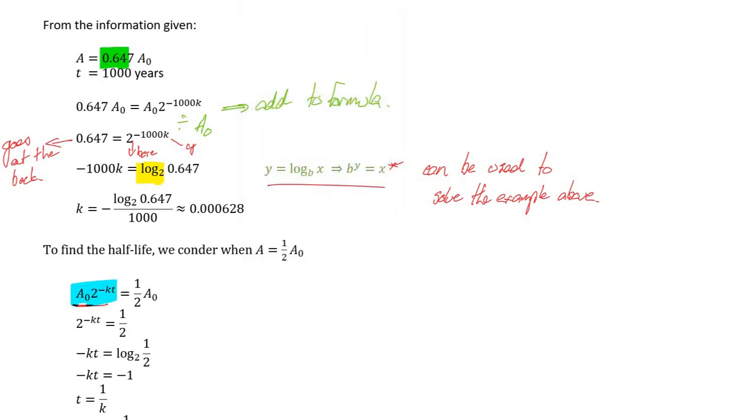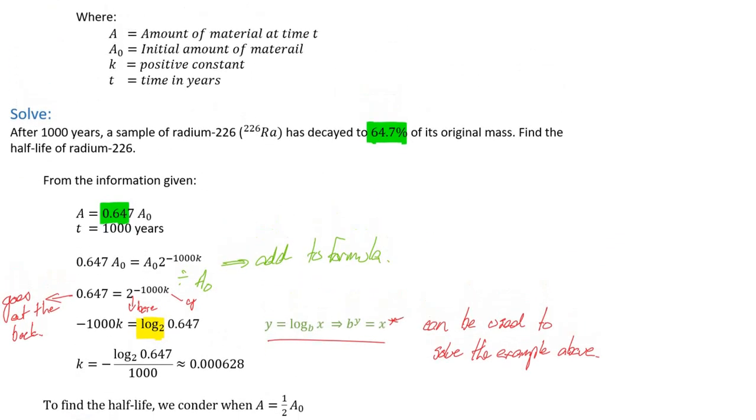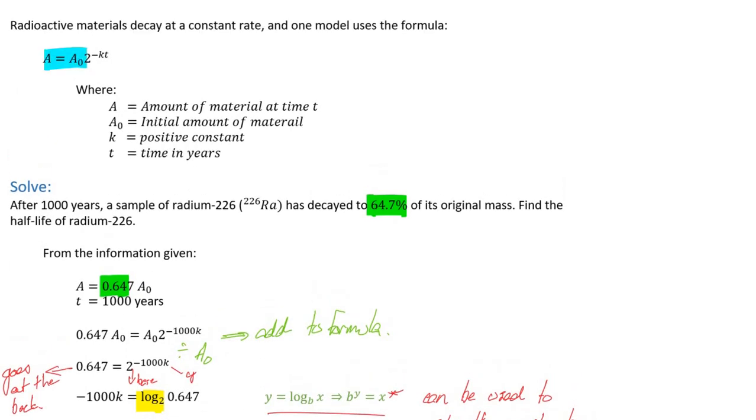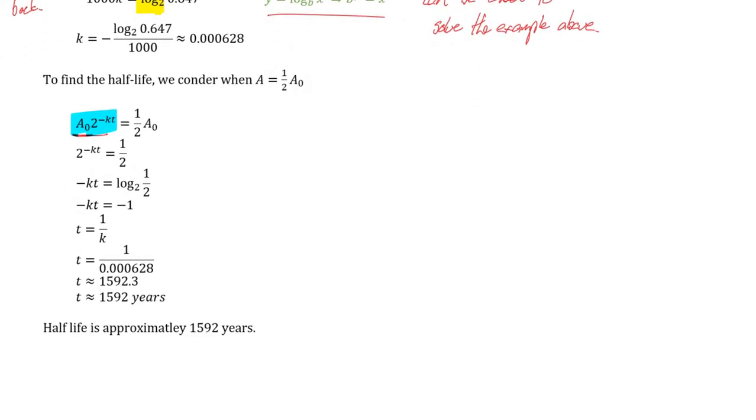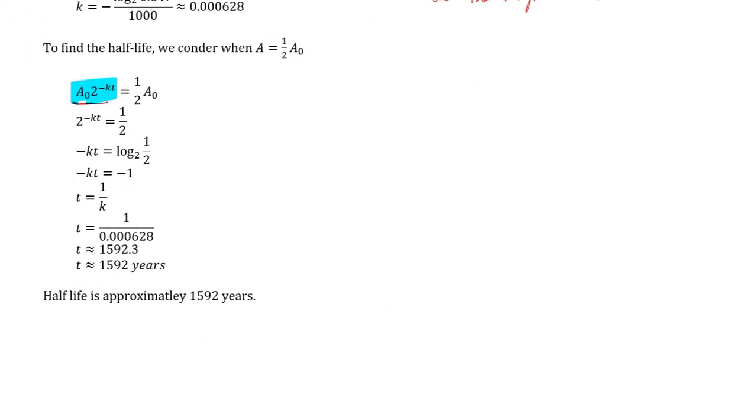This comes from the equation we were given. Okay, so that's where that's coming from. We're just given that equation. So again, we divide through by A0.